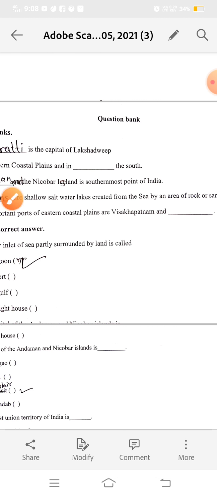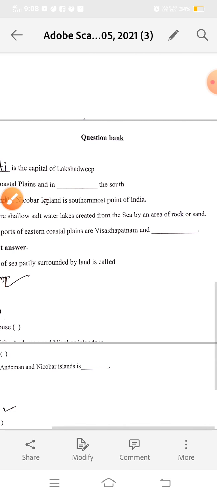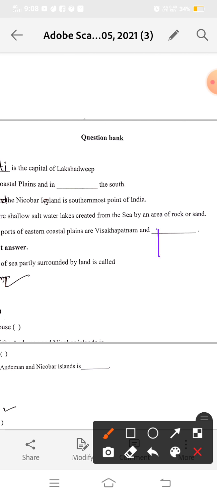P-A-R-A-D-E-E-P. Paradeep. Okay, Visakhapatnam and Paradeep.